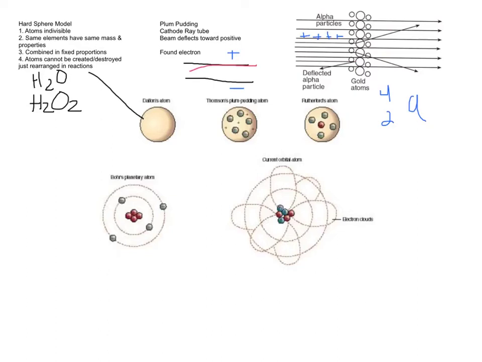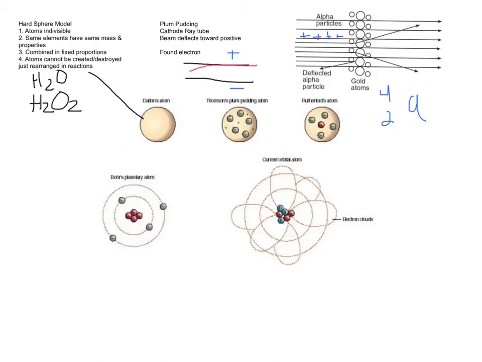Rutherford concludes that because most of the particles went straight through, then most of the atom must be composed of empty space. But since some of these positively charged particles veer slightly, they must be encountering a small positive region in the atom.